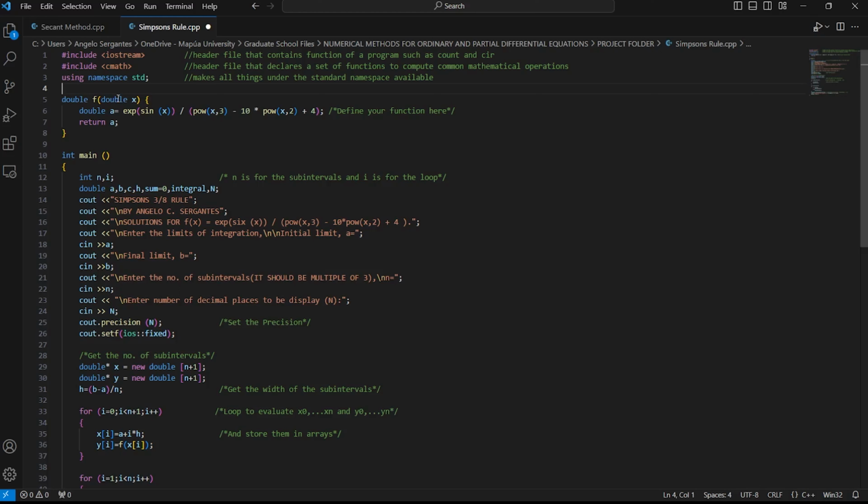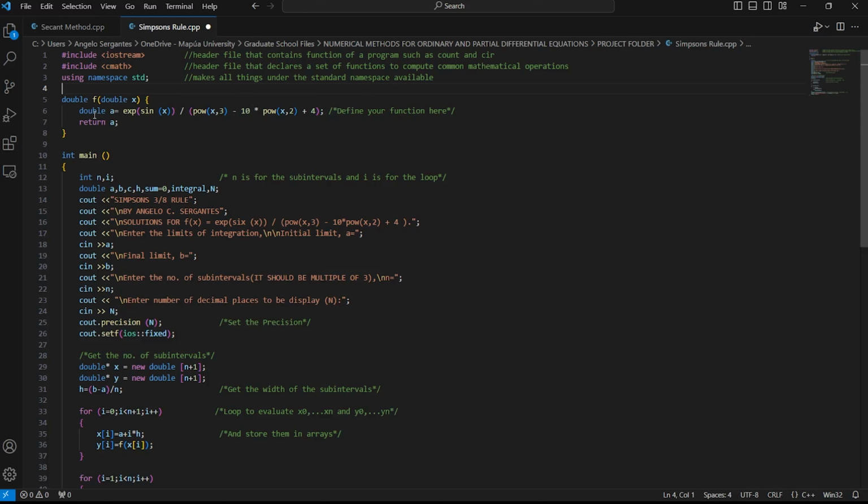You cannot input the equation during the execution of the program. So it is for the convenience also of the user, depending on what kind of iterations or how many intervals he or she needs, or also the versatility of the limits that you can put inside of the equation.